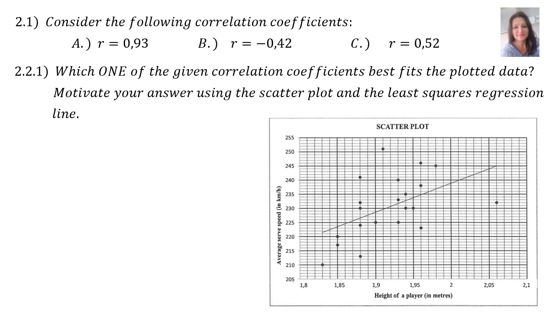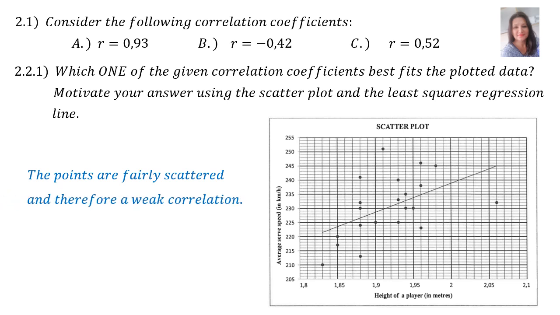Now, first of all, the points are fairly scattered and therefore a weak correlation. The regression line has a positive gradient. So when you go back to the correlation coefficients, do you agree number B will not work since the correlation is negative? That means there is a negative gradient and our data has a positive gradient.